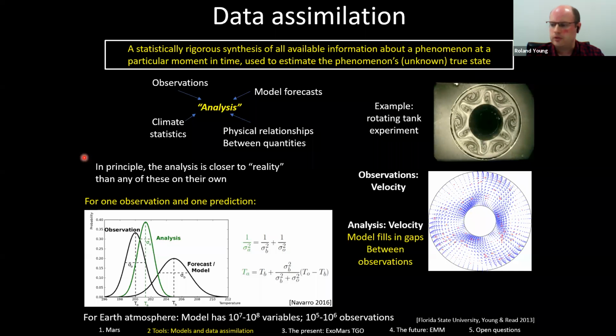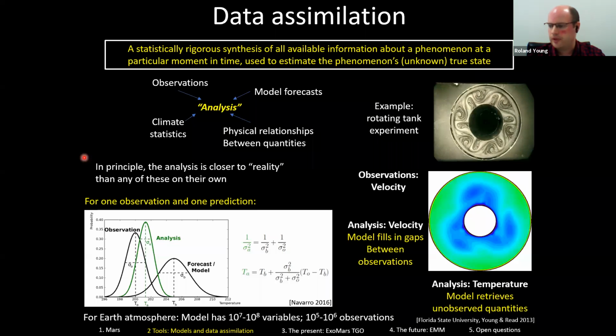And so the model can take observations of velocity, assimilate them, and use them to update other quantities that are not observed, like temperature. In this case, we have a lab experiment where we can measure the fluid velocity, and we can use this technique to recover the temperature of the fluid, based on the internal consistency of the model itself.